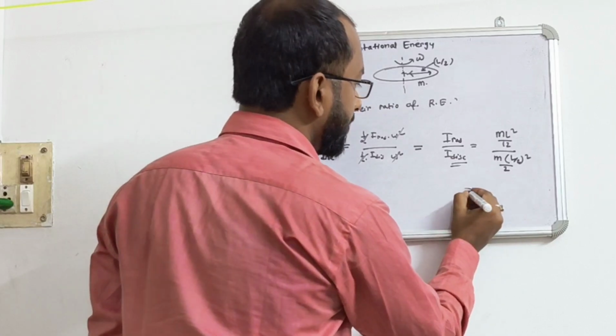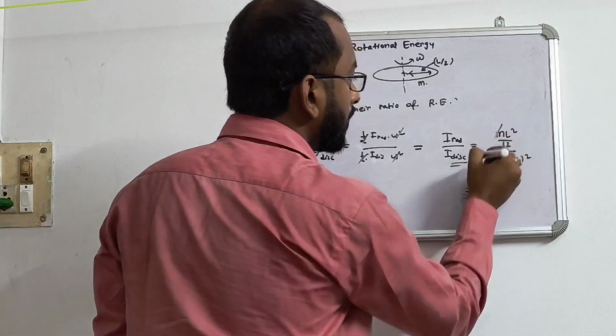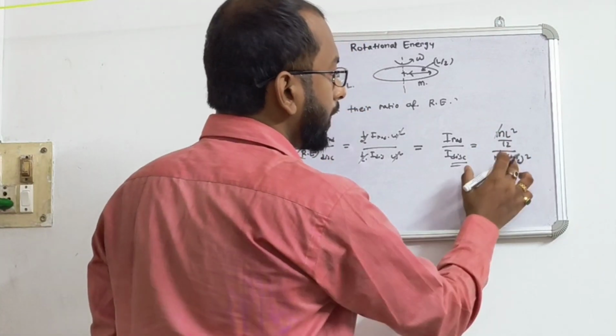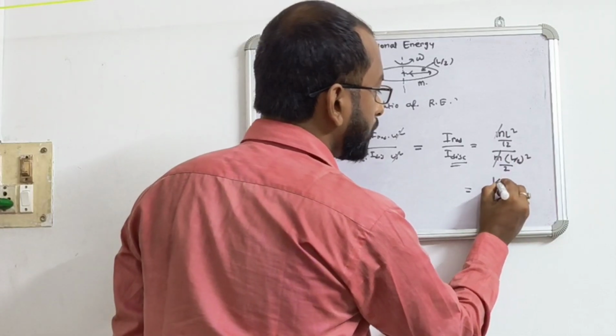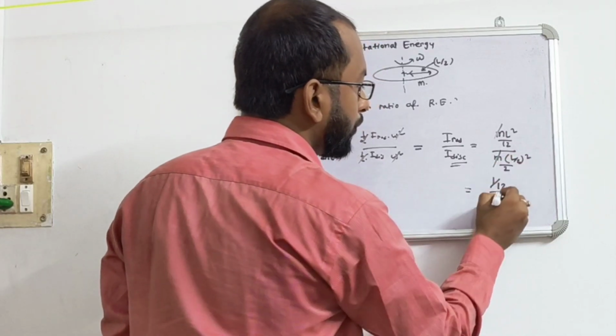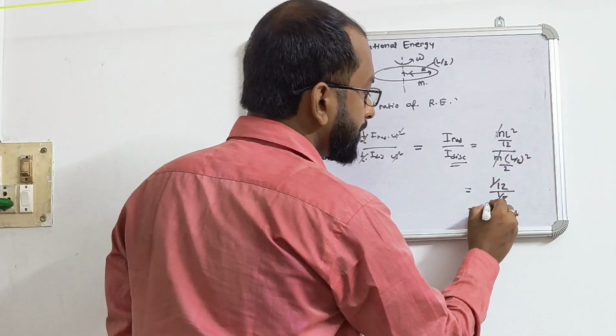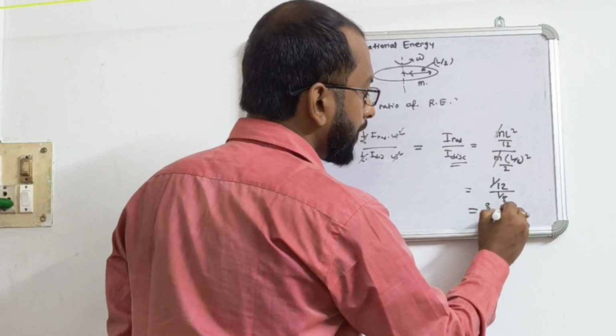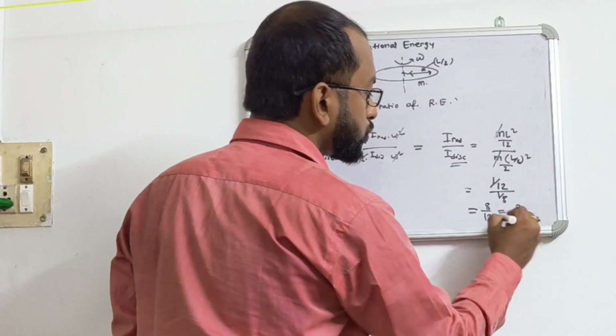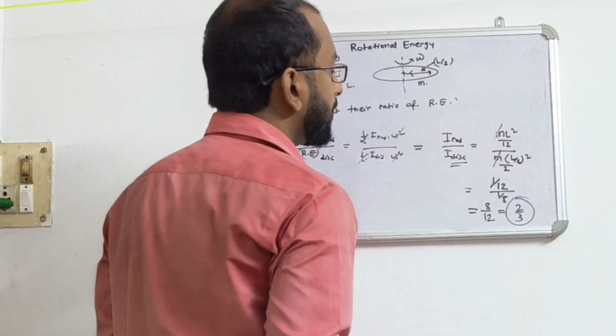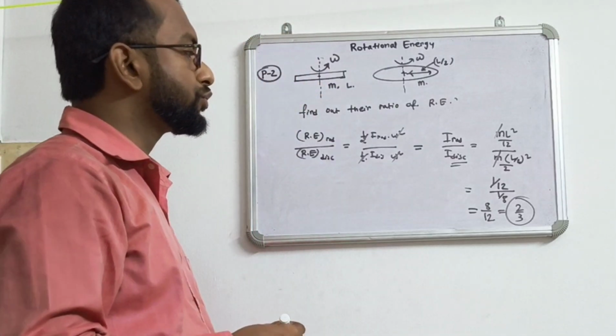It is very simple now. M will cancel, L square will cancel, so it is basically 1 by 12 divided by 1 by 8, which is 8 by 12, that means 2 by 3. So the ratio of the rotational energy is 2:3.